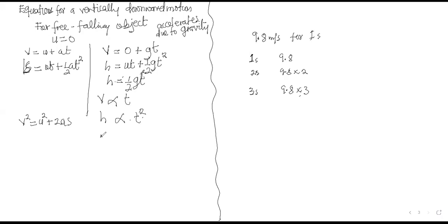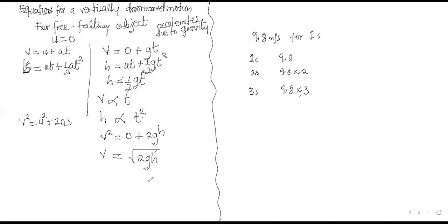Here it will be v squared equals 0, u is 0, plus 2gh. So v will be equal to the square root of 2gh. You can use this to find the velocity after any vertical height h.